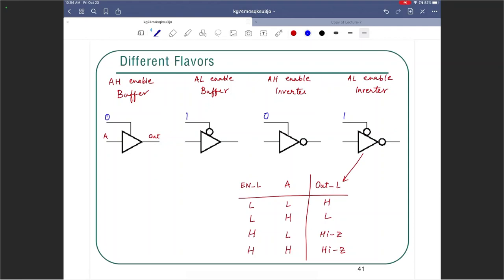For all the other cases, they will be either equal to A, the input, or be equal to A complement. Does that answer your question?